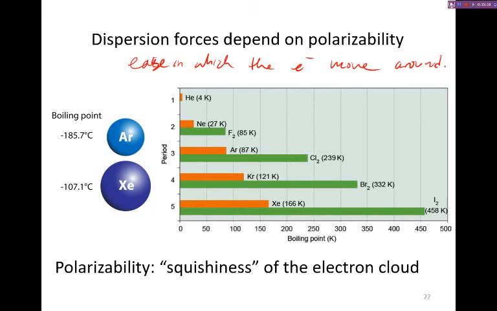And so we see a trend that as the size of the element gets larger, so does the boiling point, or in other words, the intermolecular forces, the dispersion forces. Another way to think of polarizability is the squishiness of the electron cloud. How easy is it to make the electrons shift from one side of the element to another? That will be easy if we have a large molecule relative to a smaller molecule.